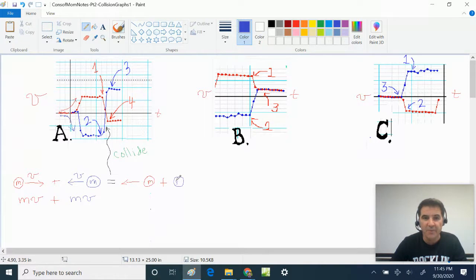Okay, so I've got a question for you. By looking at these, and this is an mv, and so there's your equation, I'm going to ask you whether you can tell if one of them is bigger than the other.